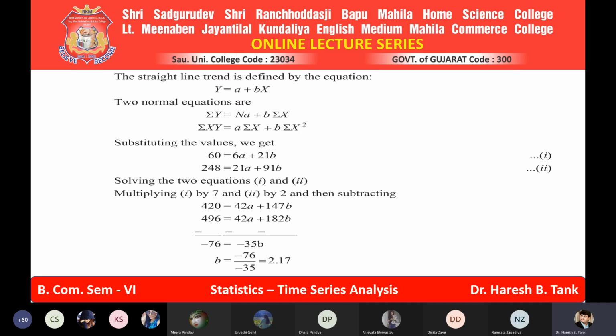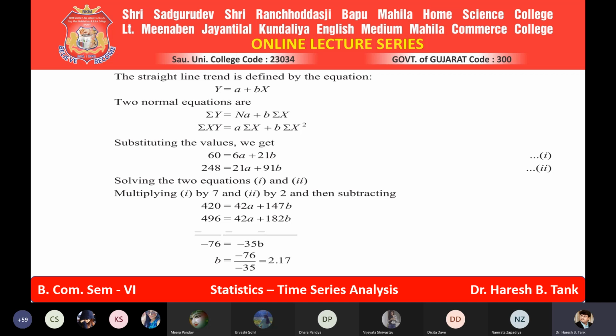Okay, both sides you have to multiply. So it is 60 multiplied by 7, that comes to 420, which is equal to 6 multiplied by 7, that is 42a, plus 21 multiplied by 7 is 147 times b.